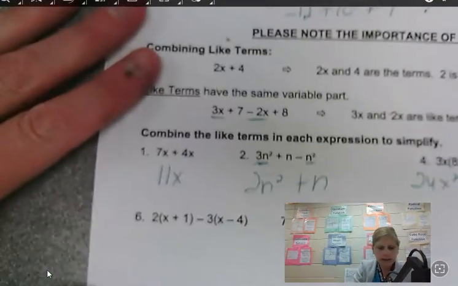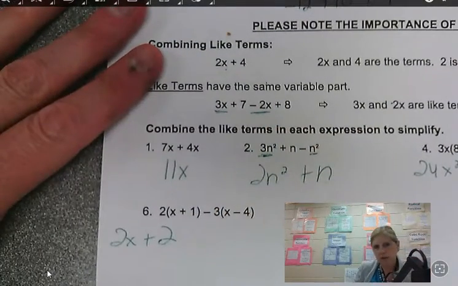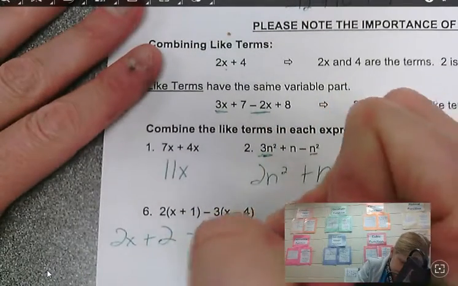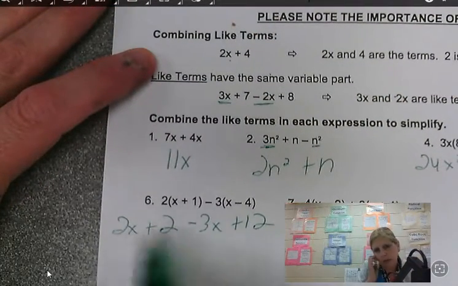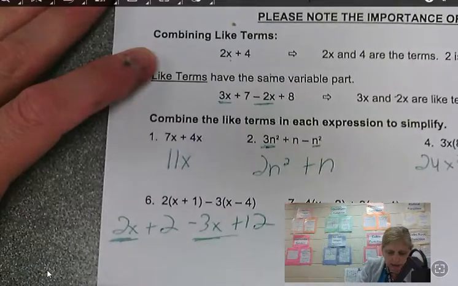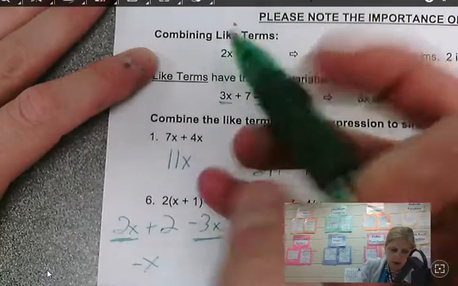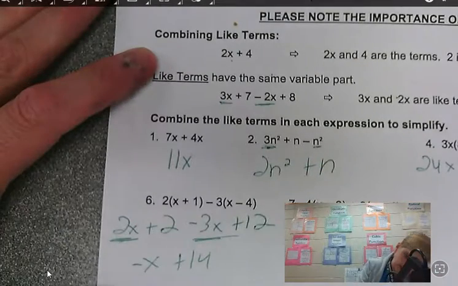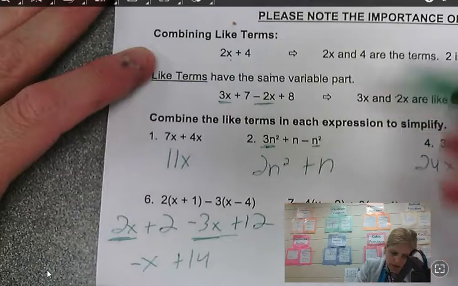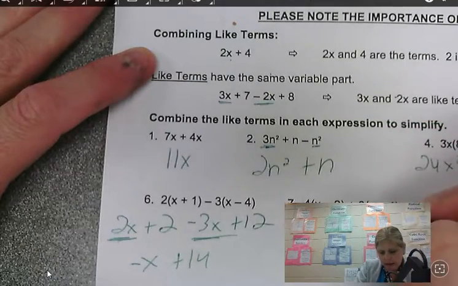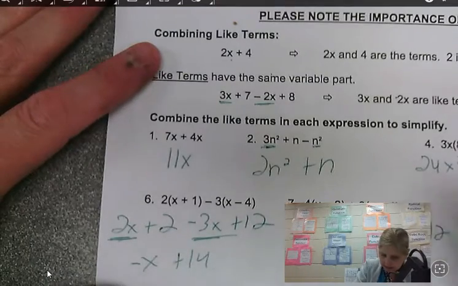Number 6, 2x plus 2, I'm distributing, minus 3x plus 12. Combine your x's. 2x and negative 3x is negative x. 2 and 12 is 14. Distribute the 4. 4x minus 8 plus 3x plus 12.